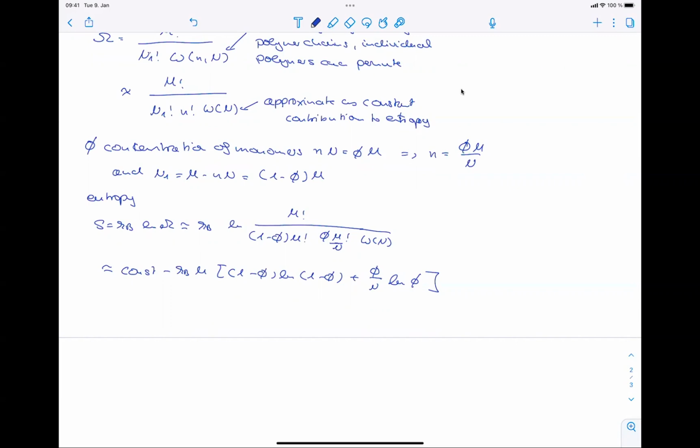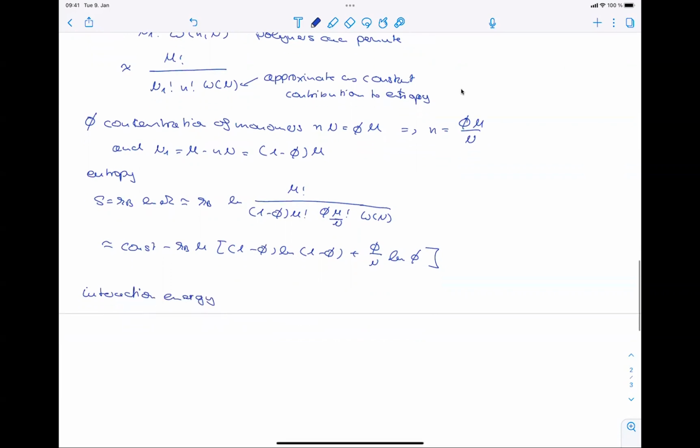And so then together the interaction energy can be written as also a function of J_AB as before.